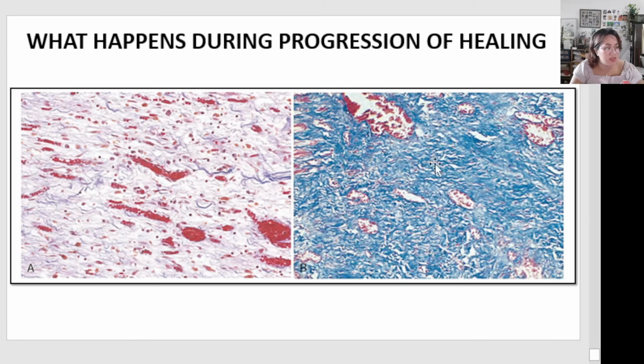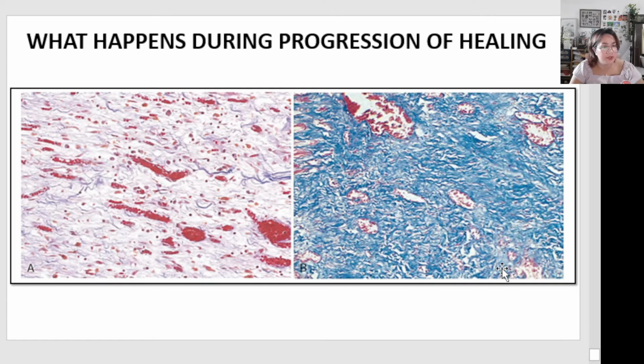It shows dense collagen with only scattered vascular channels. So the second picture is a mature granulation tissue. So we can see the trichrome stain of mature scar showing dense collagen with only scattered vascular channels.